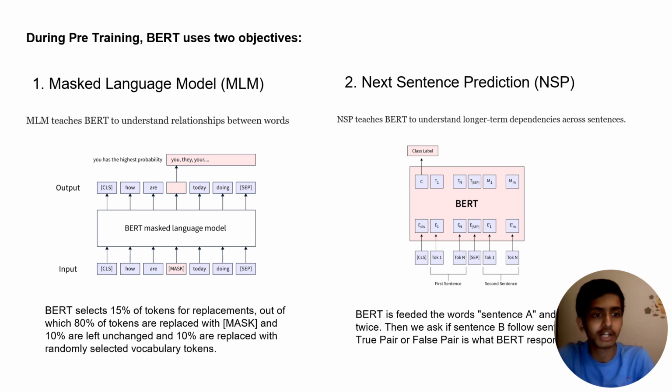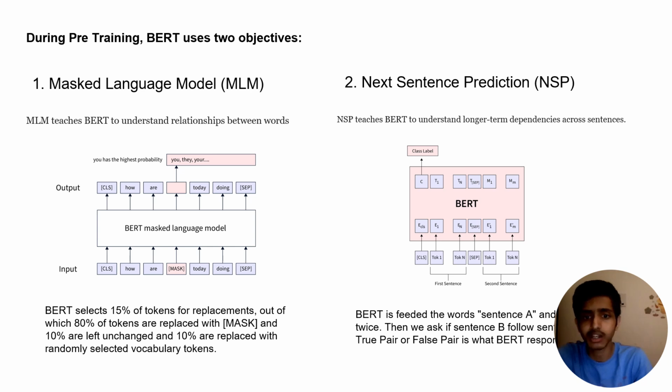In the BERT model, MLM takes 15% of the tokens, and out of those, 80% are replaced with mask. The remaining 10% are left unchanged, and the other 10% are replaced randomly with some other vocabulary tokens.